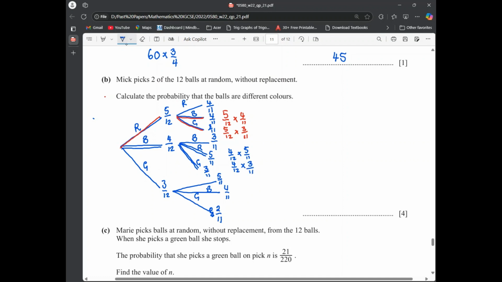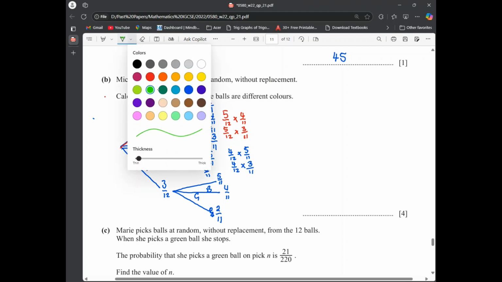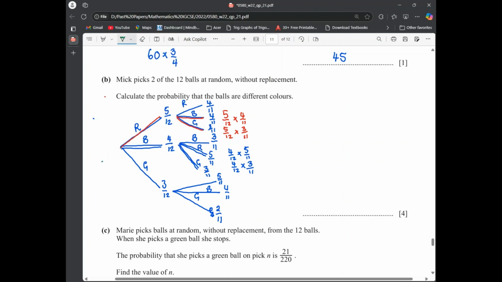Right. Then, if it happens that he picked a green ball first, which is 3 out of 12, and we are not looking for green there, we're just looking for a different color, which is blue, multiplied by 5 out of 11, or 3 out of 12 multiplied by the blue color, which is 4 out of 11.